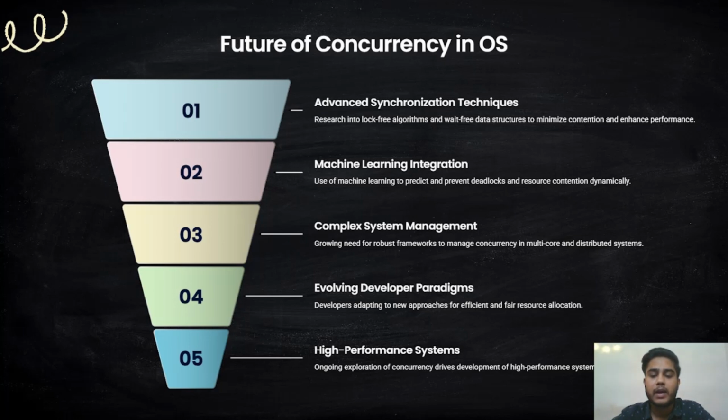Evolving developer paradigms: developers adapting to new approaches for efficient and fair resource allocation. High performance systems: the ongoing exploration of concurrency drives development of high performance systems for complex applications.